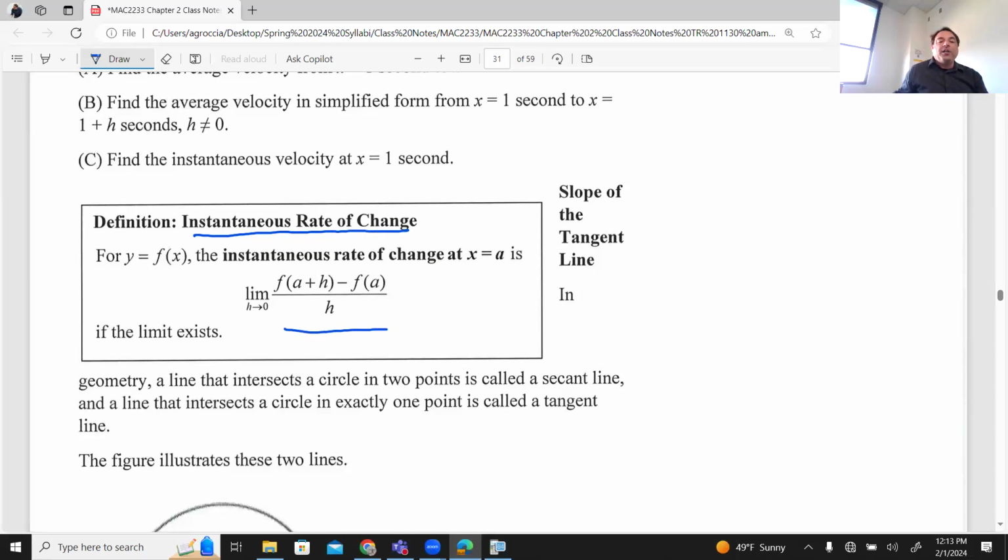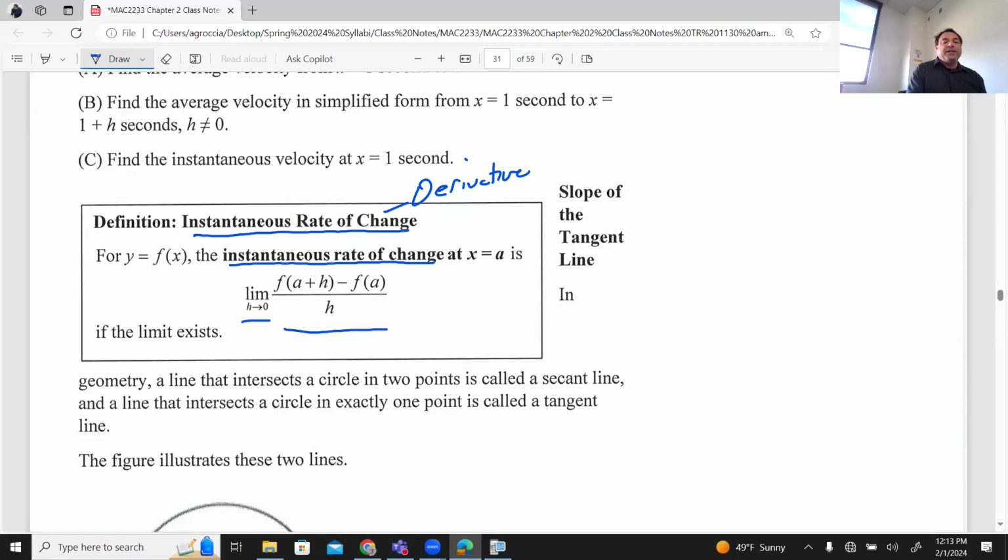And notice part of the instantaneous rate of change, which is the derivative, it has the limit. The formula has the limit in it, which means I had to explain to you what a limit is. I can't just put a limit out of nowhere until I explain what a limit is.